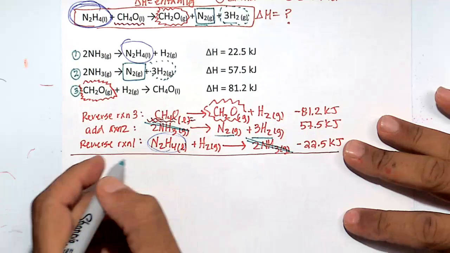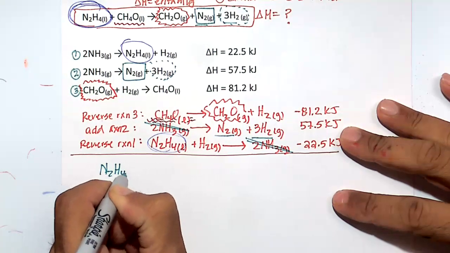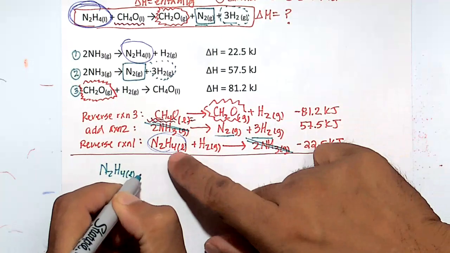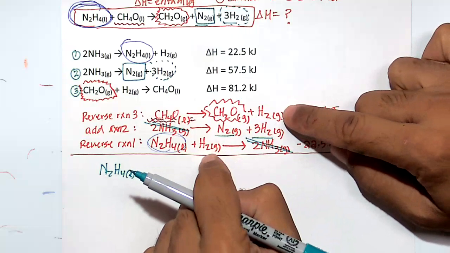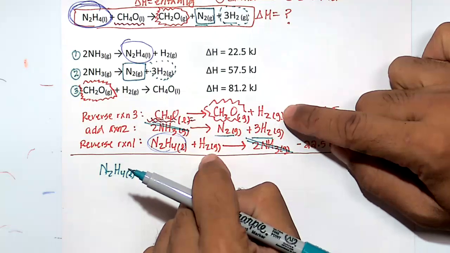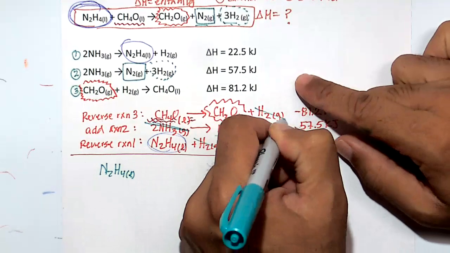So what am I left with? I'm left with N2H4. Okay. Oh, what else cancels? Hey, do you guys see the hydrogen gas cancel? Do you see it, Elena? The hydrogen gas cancels also.